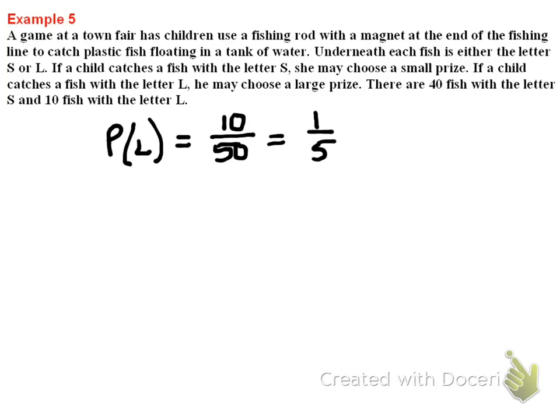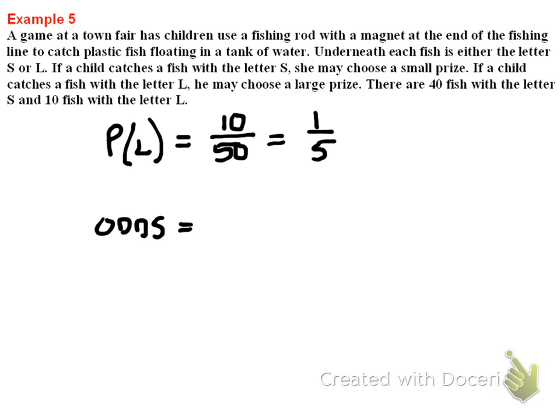Now let's switch that over to the odds. If I want to look at the odds of catching a large fish, the odds are going to be the comparison of the number of desired events to the number of not desired.